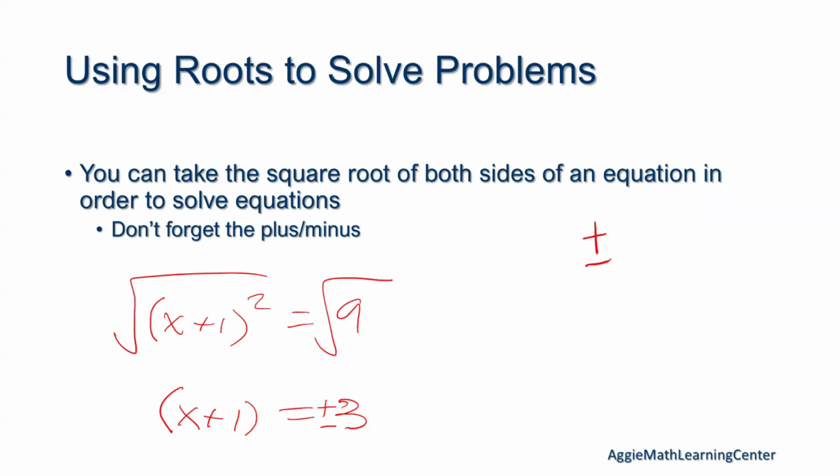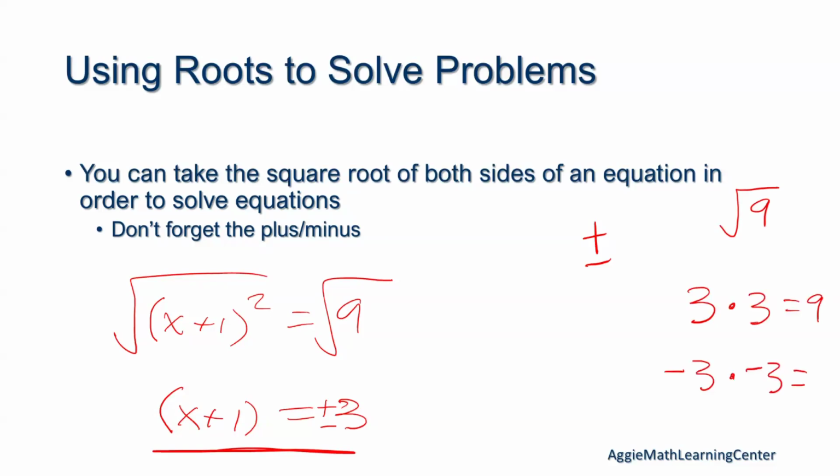The reason for that is, in this example, square root of 9 could be 3, because 3 times 3 equals 9. But it could also be negative 3, because negative 3 times negative 3 equals 9. So we want to account for both possible solutions.